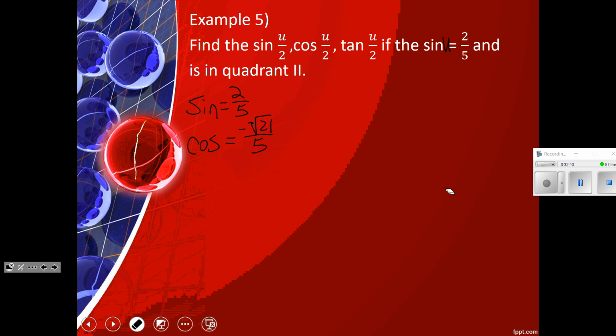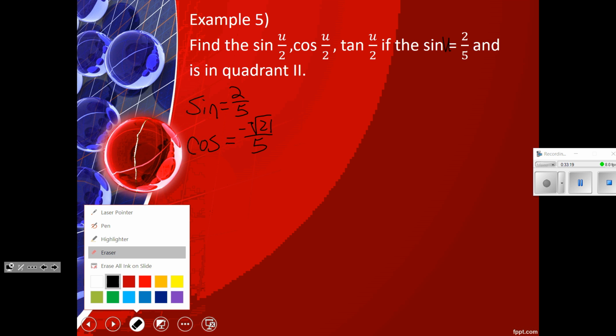I'm telling you that the sine of this angle u is equal to 2/5, so I'm telling you to plug 2/5 into the formula. Just like if I told you the sine of 30 degrees was 1/2, you'd plug 1/2 into the formula. Do you understand that? Or if I said the cosine of 30 degrees, you'd plug in square root of 3 over 2. But I'm telling you that the sine of u is equal to 2/5, and the cosine of u is negative square root of 21 over 5.